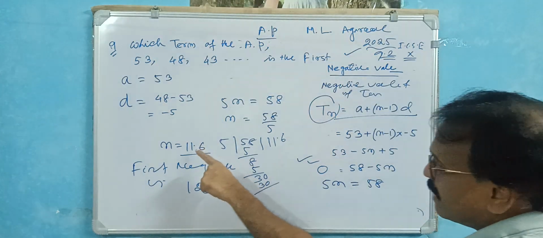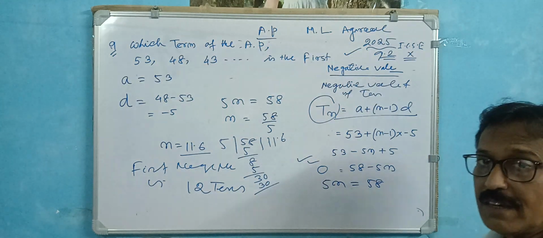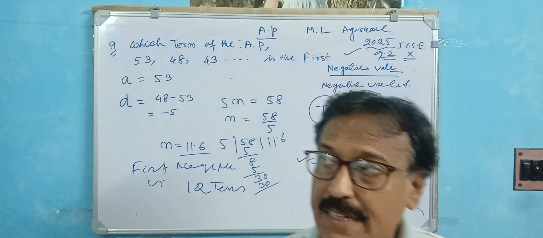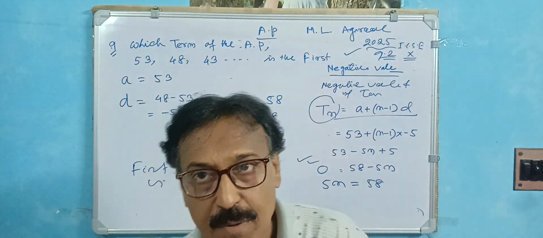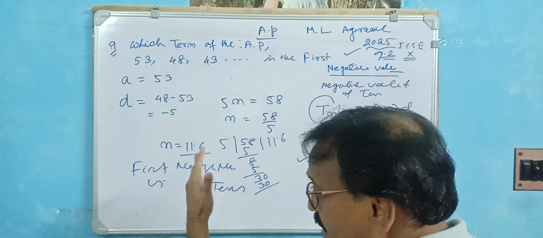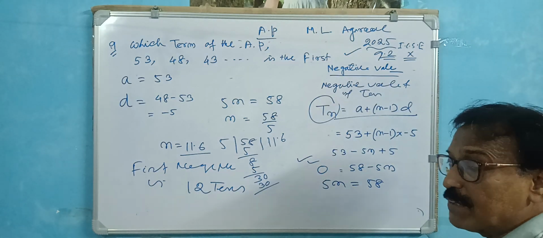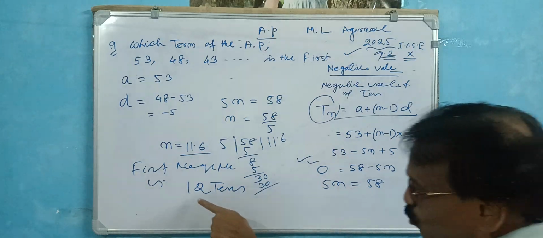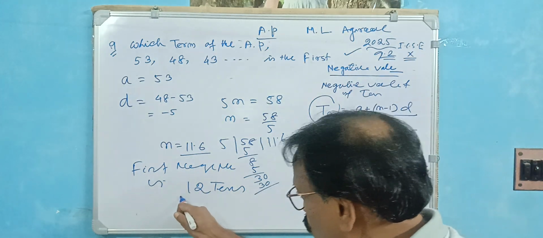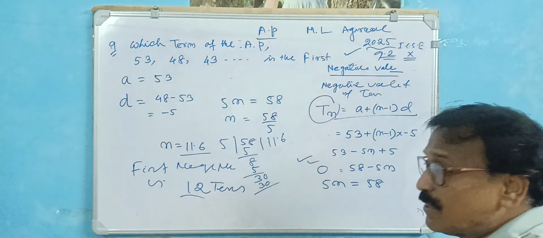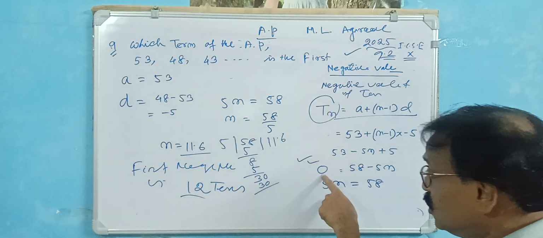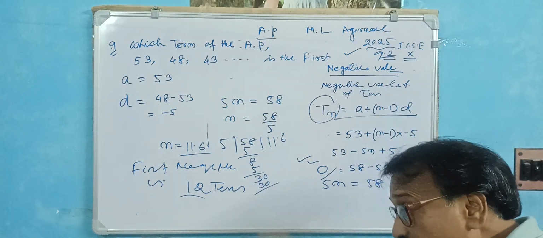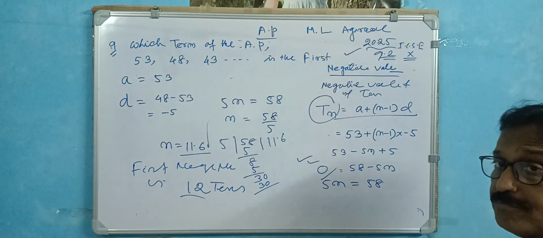If 0 came at 11.6, the next would be negative. 11 is the whole number; in the case of a term you always take the natural number. So 11 is the natural number, and the next natural number is 12. So starting at the 12th term, the negative starts. The first negative number starts at the 12th term.